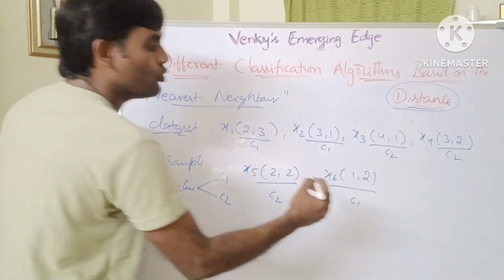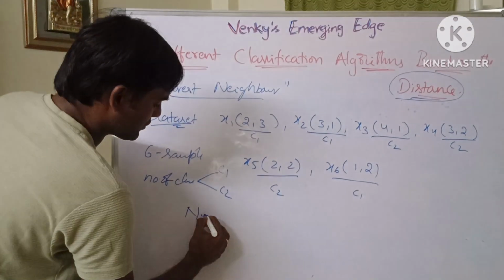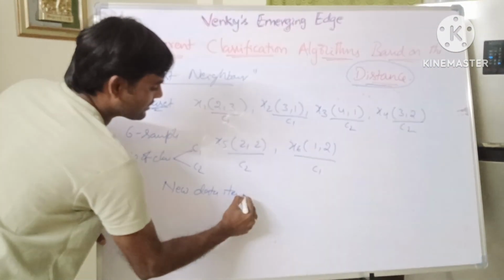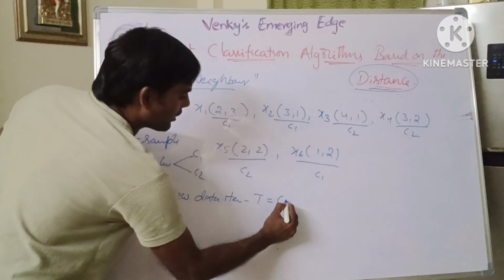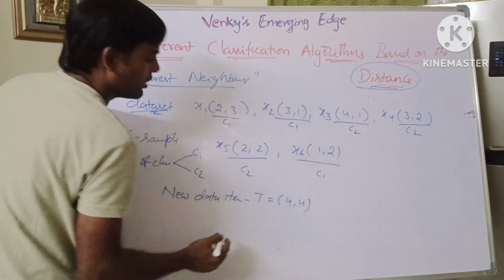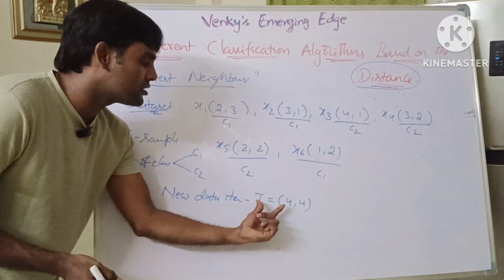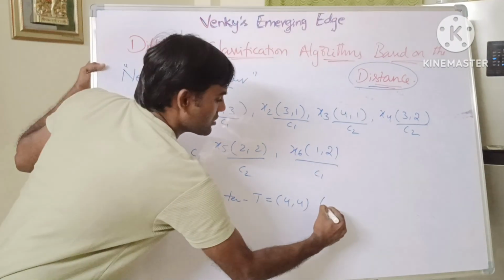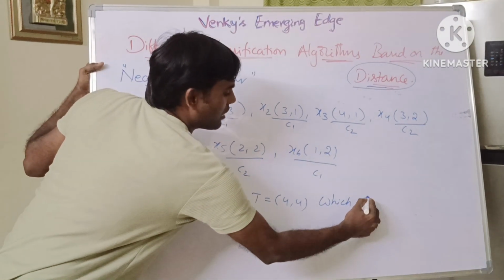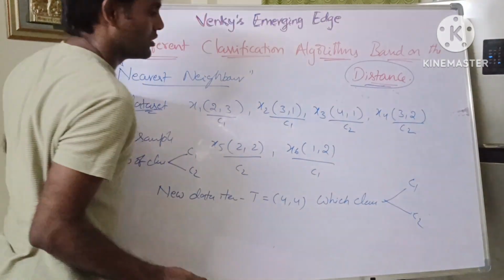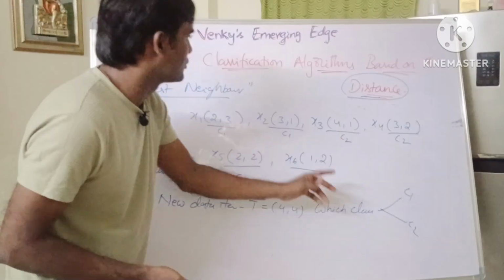Clear? So here is a new data item, T, which is 4 comma 4. Here my question is, the new data item T is related to which class? Either class 1 or class 2.